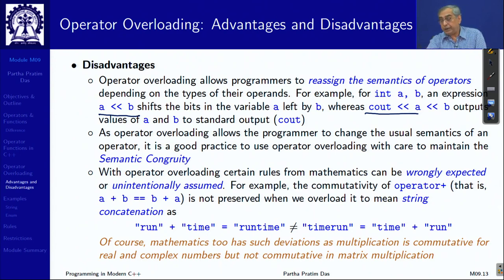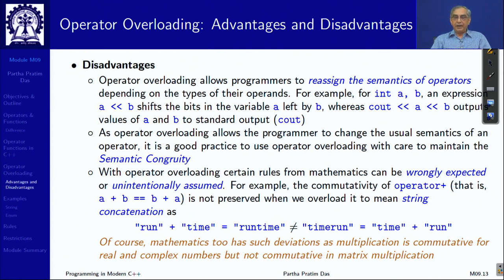The second disadvantage that might happen is that operators are typically expected to have certain mathematical properties, like the plus operator we say is commutative, A plus B is equal to B plus A. But suppose you overload the operator plus to mean concatenation of strings, you have already seen examples of that. If you do that, then the operator is no more commutative.